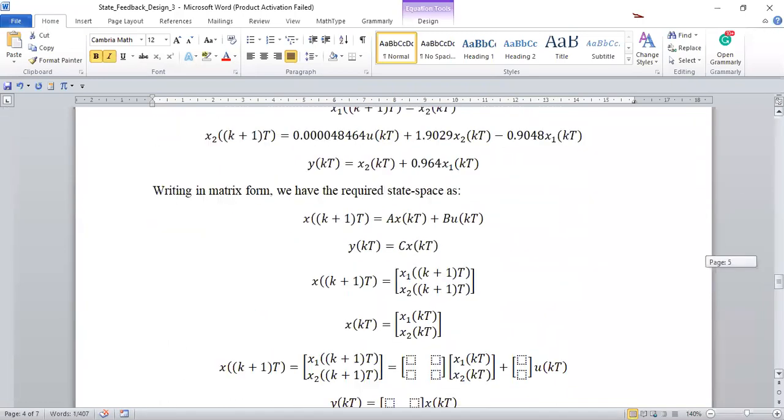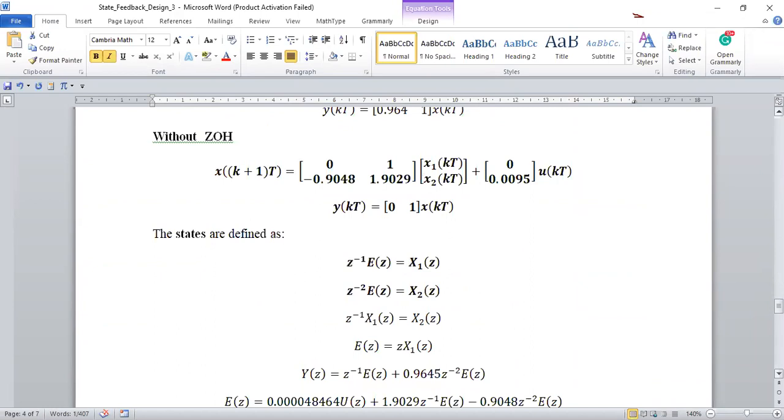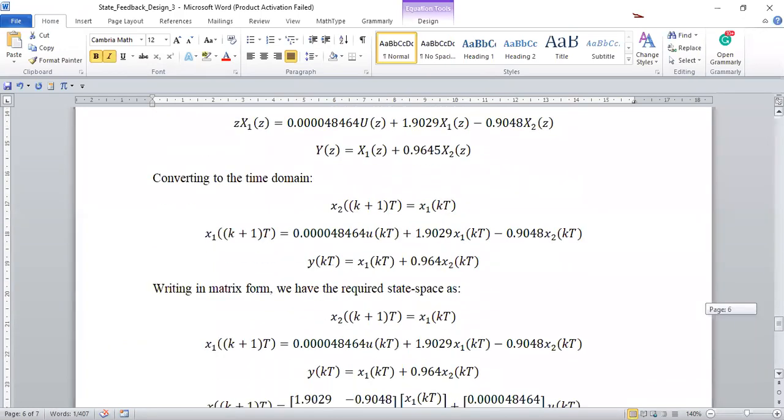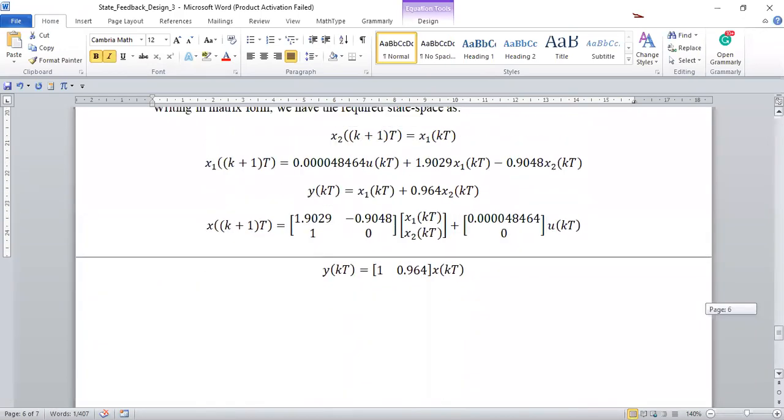When I switched the states, I said let x1 be z minus 1 A of z and x2 be z minus 2 A of z. And following the same steps, you are going to arrive at a different state space representation.